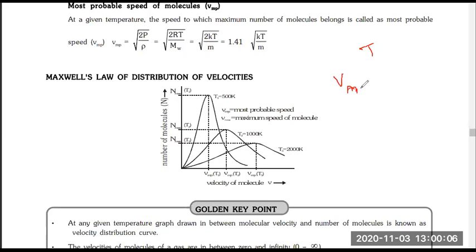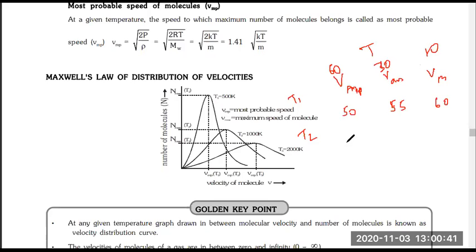Initially, suppose we have V most probable as 50, V average as 55, and V RMS as 60. So at temperature T1, and at temperature T2, all the velocities will increase. Suppose the number of molecules is 60, 30, and 10.